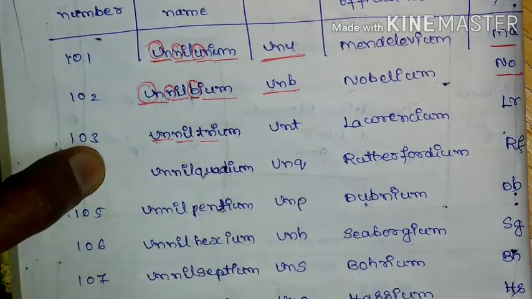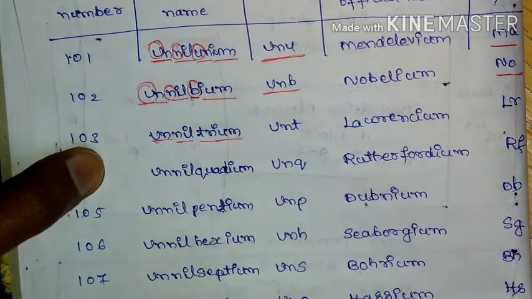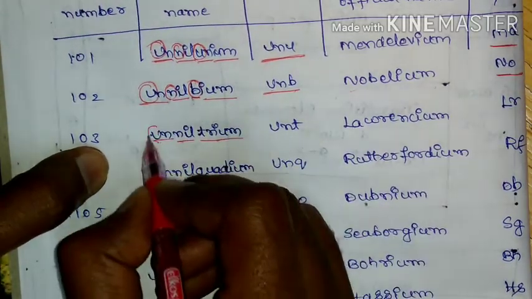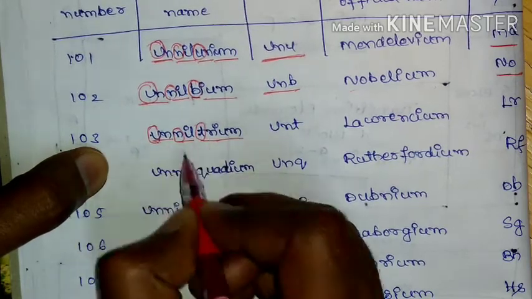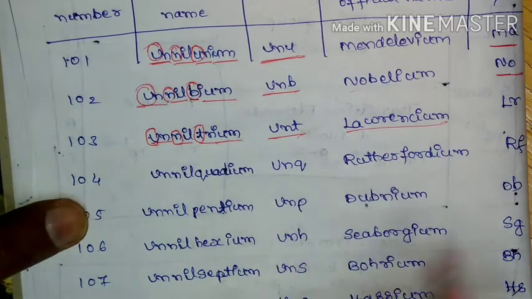Here also in tri the i has been omitted and the suffix ium has been added, and the symbol is Unt, and the official name is Lawrencium, Lr.